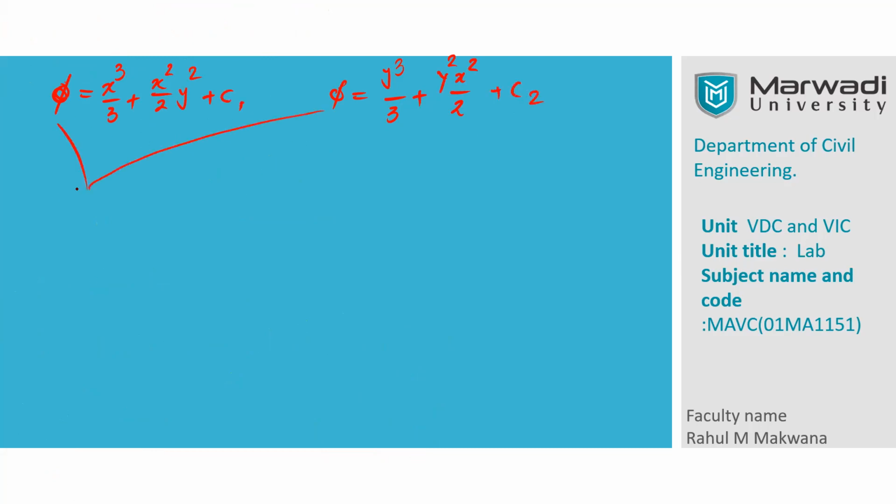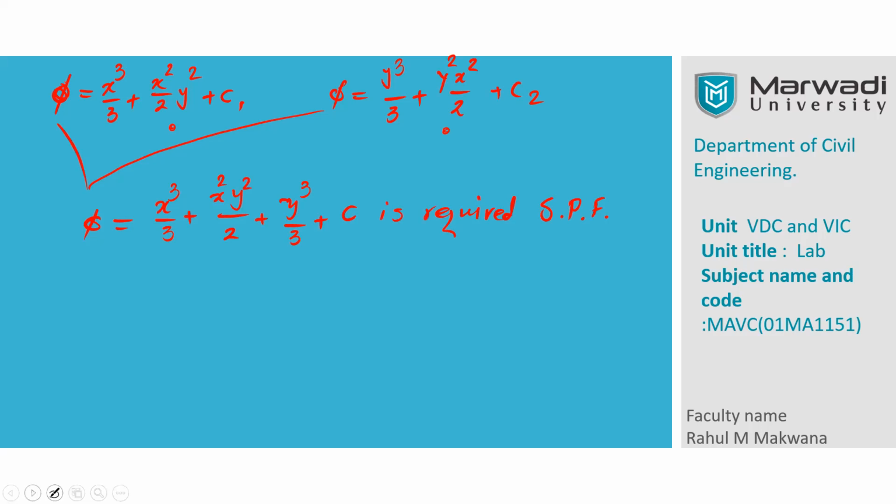So together phi is x cube by 3, this x square y square by 2, and we have y cube by 3, c1, c2 is c, is the required scalar potential function.